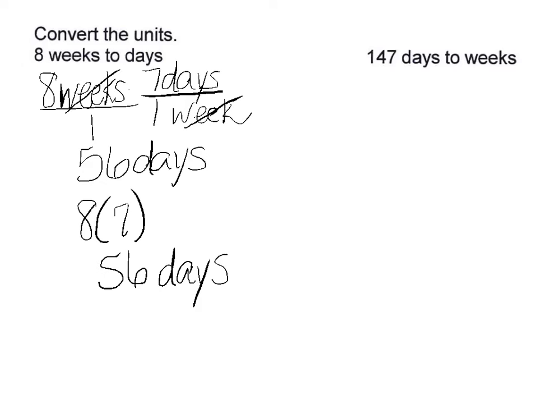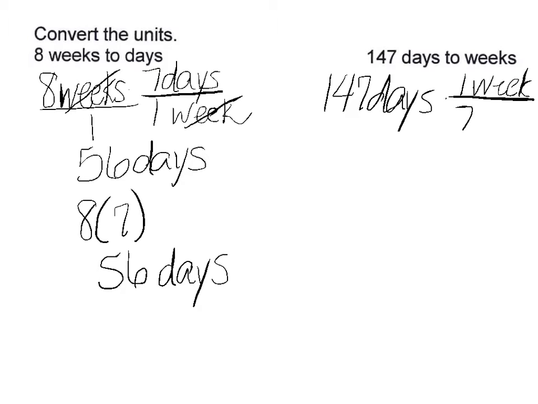So now let's kind of do the reverse. 147 days to weeks. So if I do the actual conversion, 147 days, I know that 1 week has 7 days. So again, when I multiply a fraction by an integer, I want to multiply across.